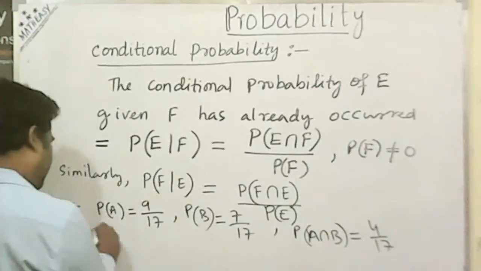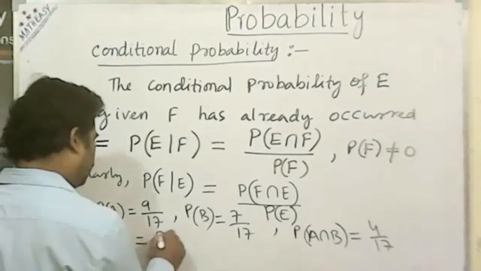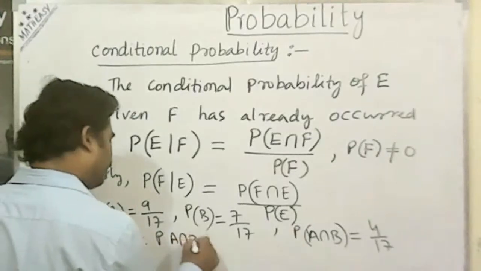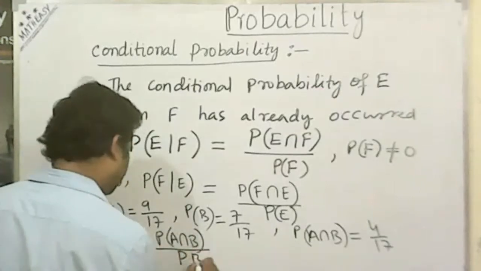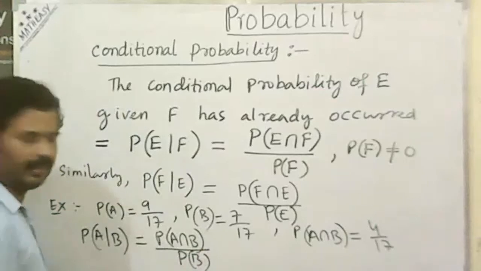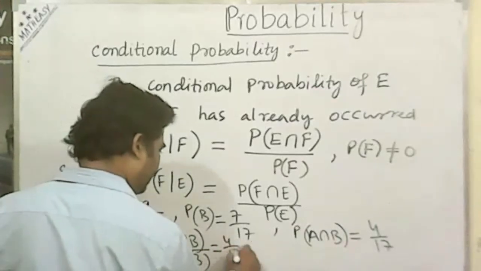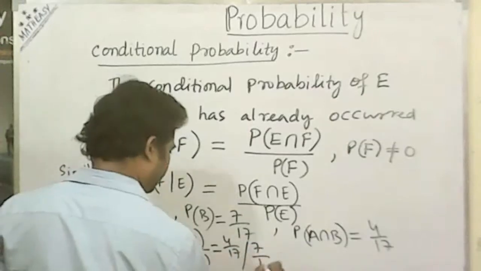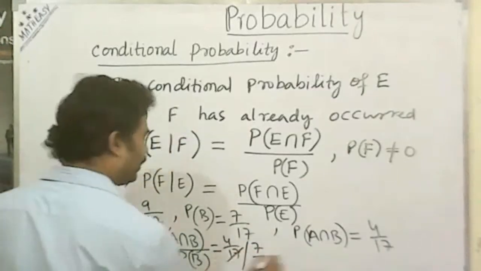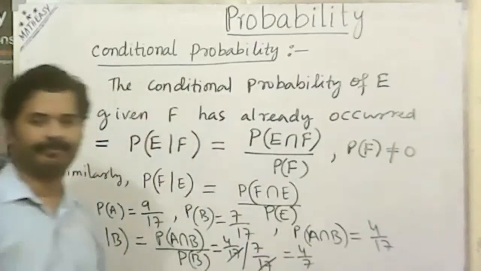Now, probability of A conditioned on B is equal to probability of A intersection B divided by probability of B. It means simply 4 by 17 divided by 7 by 17. 17 cancels, so it goes to 4 by 7.